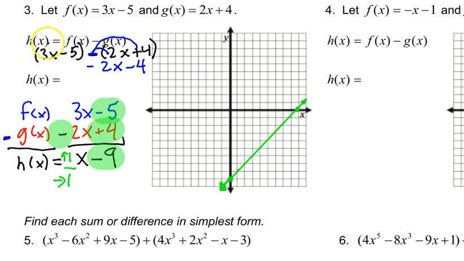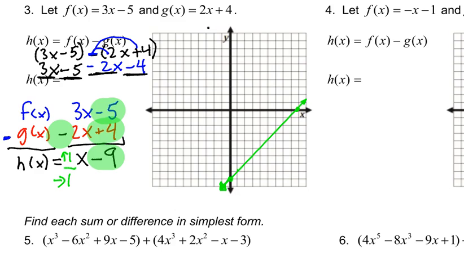You recall that? And some people like the look of that, and that makes more sense because they can see, okay, 3x minus 2x, and then -5 and -4, which makes -9. So there's different ways of looking at it, but just know when you're subtracting, you have to subtract each of these individually, one by one.